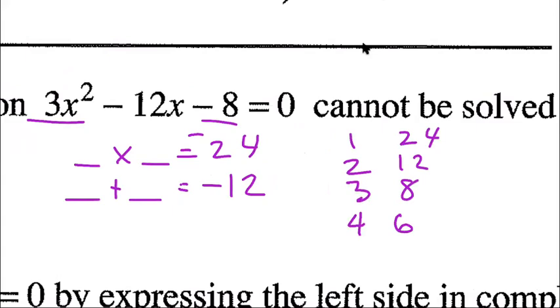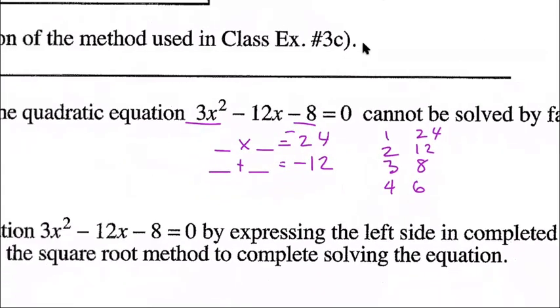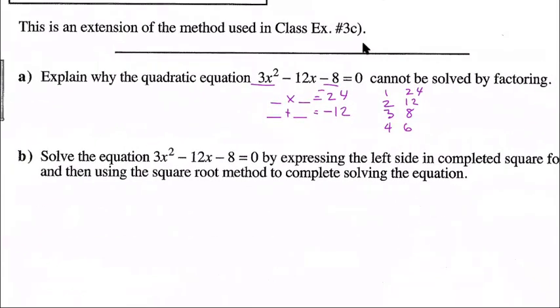There's not one pair of those numbers that I can combine in any way to get 12. So this is not factorable. So because it's not factorable, you would have to try other methods. One of those methods would be completing the square, okay, or the square root method.